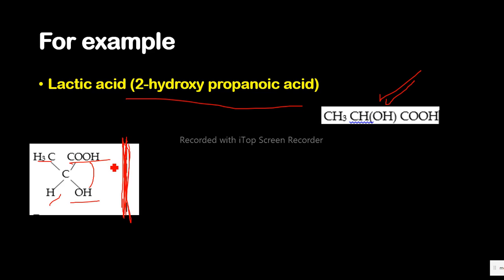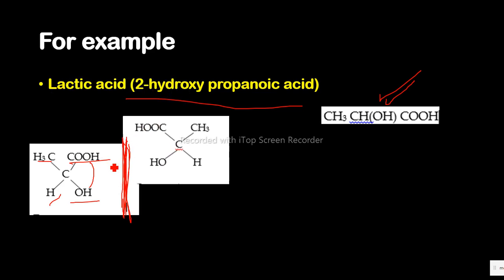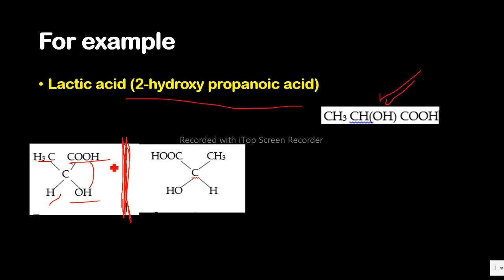The mirror image is going to be that one. When I was teaching, some students insisted that I write it differently, but anyway, that's the mirror image. And so these two images become the isomers. This one is the D isomer, because it rotates the plane polarized light to the right.